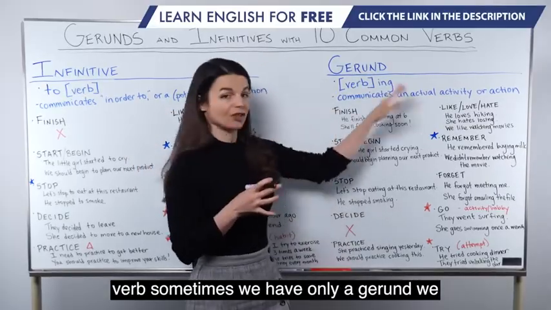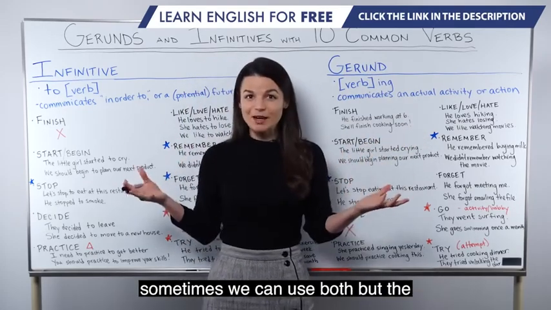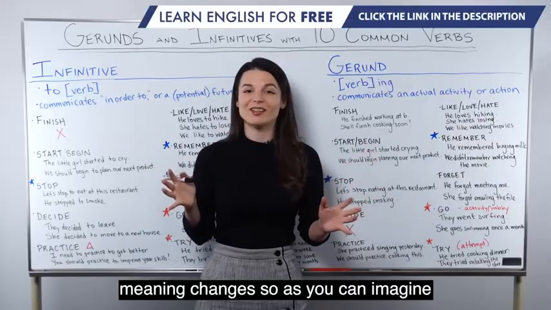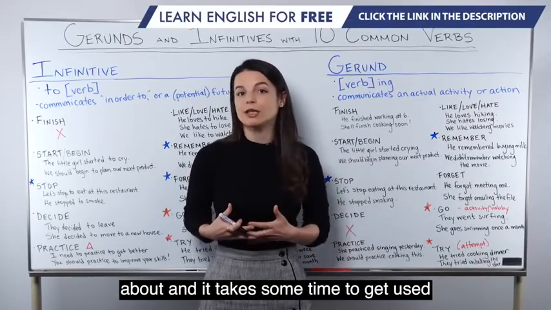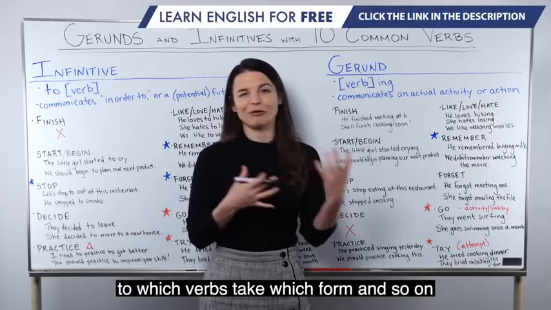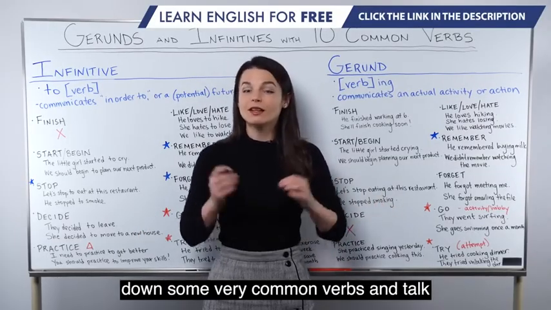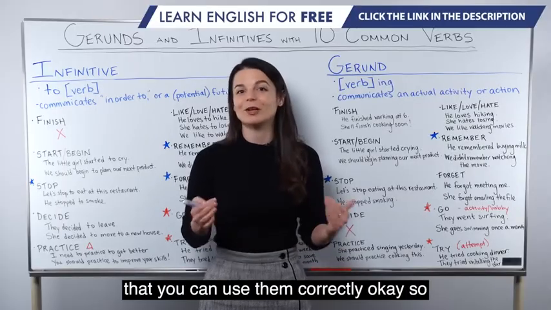Sometimes we have only a gerund we can use. Sometimes we can use both, and sometimes we can use both, but the meaning changes. As you can imagine, this is a lot of information to think about, and it takes some time to get used to which verbs take which form. So in this lesson, I'm going to break down some very common verbs and talk about some really important notes so that you can use them correctly.